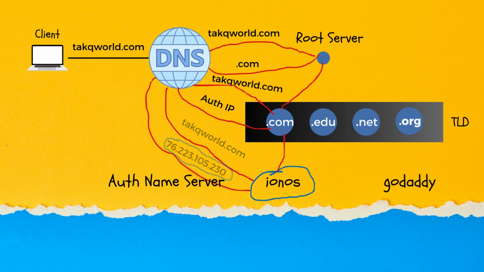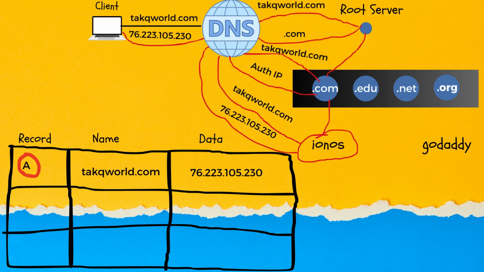The authoritative name server checks its record and responds with the IP address associated with takqworld.com. The DNS will cache this information, so next time it will not perform this task again. The DNS finally returns the IP address to the client. The client starts communication with the server on the IP address.